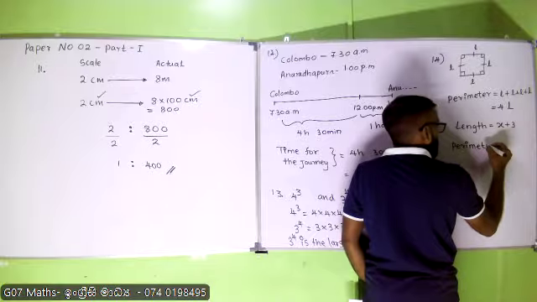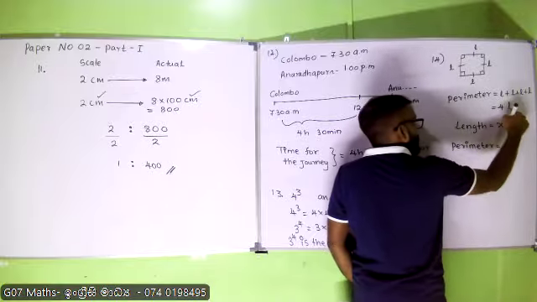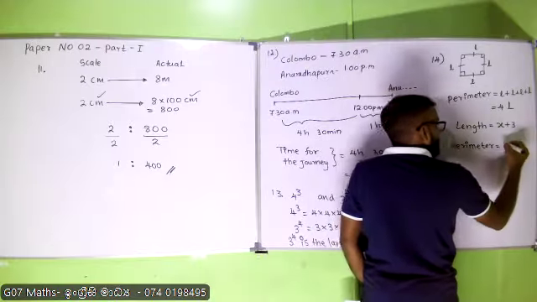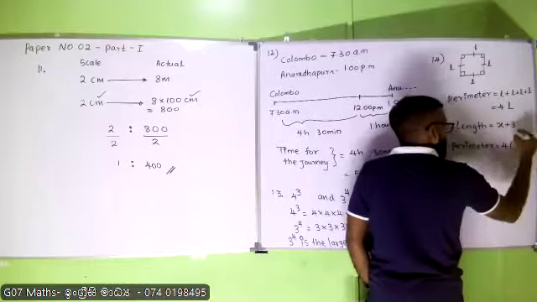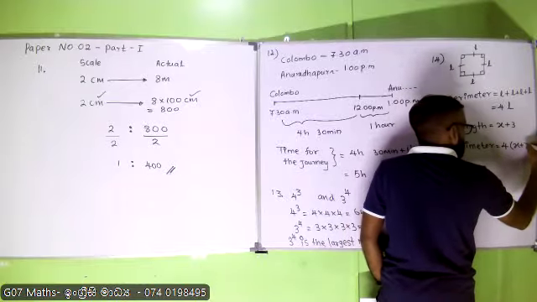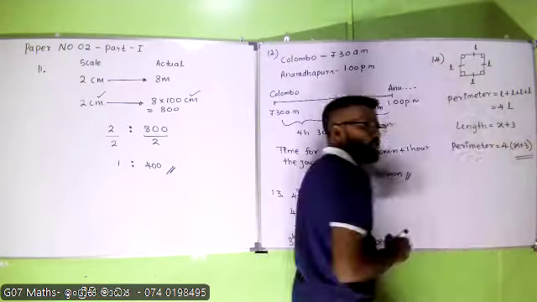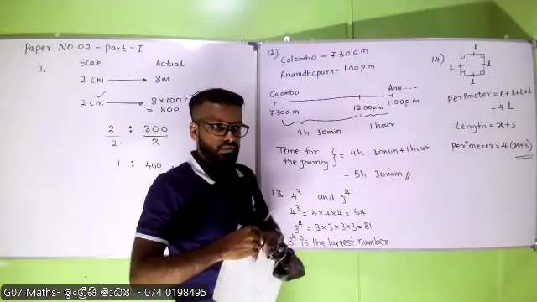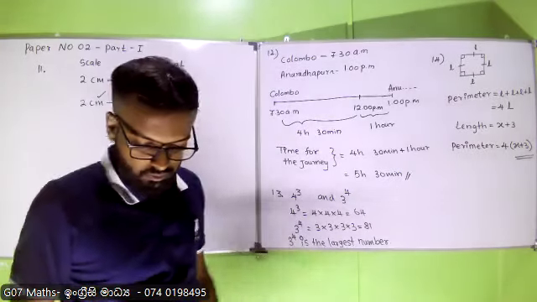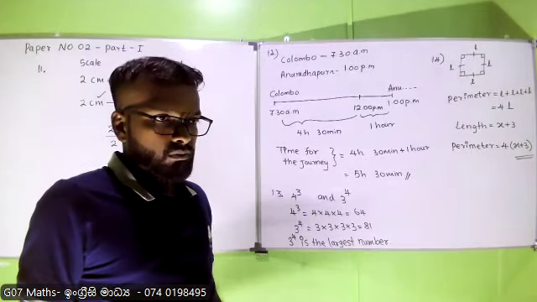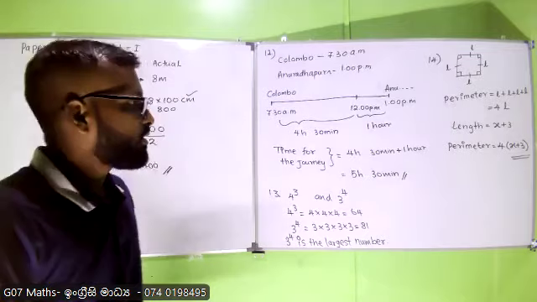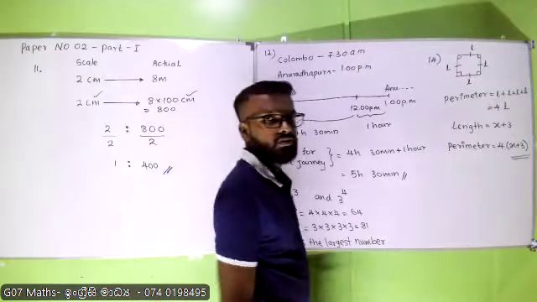Perimeter equals 4 times L, that means 4 times x plus 3. This should be the final answer.